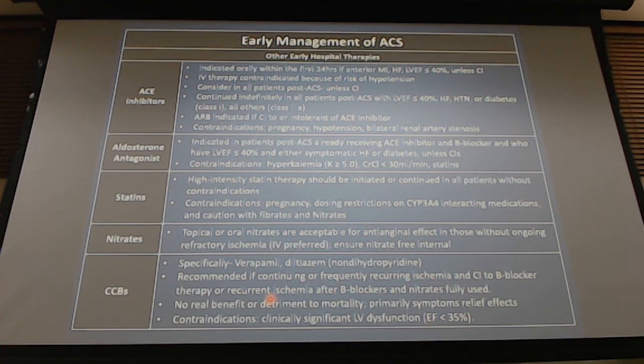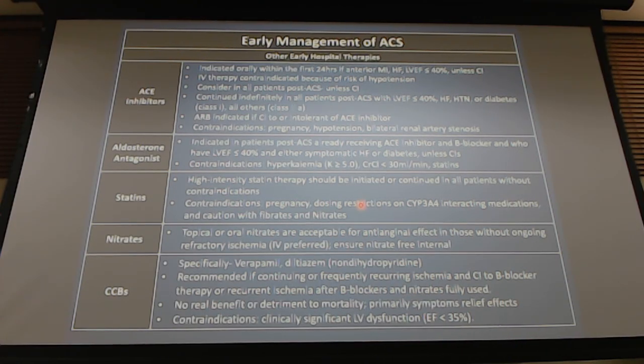This is looking at our additional therapies that you may end up seeing added on for your patients once they've been hospitalized. So we have our ACE inhibitors, our aldosterone antagonists, statins that we talked about, your nitrates, and your calcium channel blockers. So same indications that we mentioned before are the ones that are listed here. It has your contraindications on there.